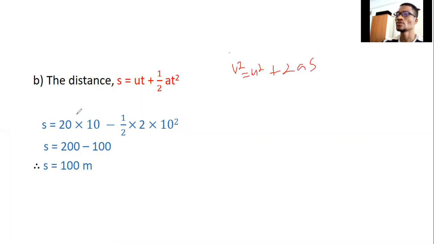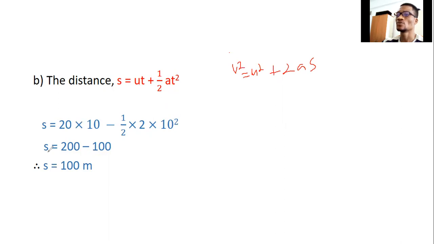So you substitute the values that you have. We have our initial velocity 20, our time is 10, minus, because our acceleration is negative, half times 2 times t squared, which is then our acceleration is 2, our time is 10, so we have 10 square here.